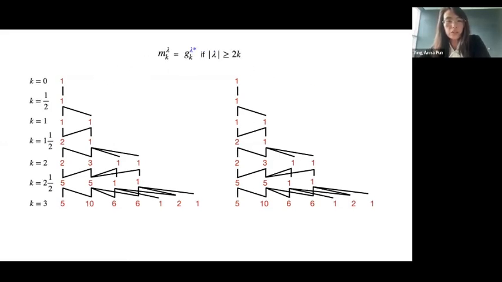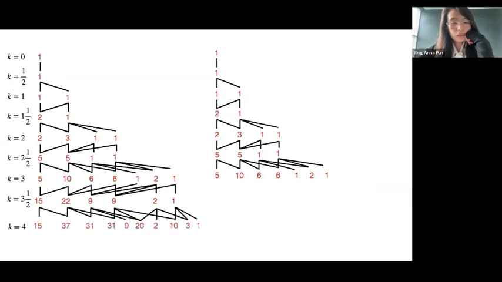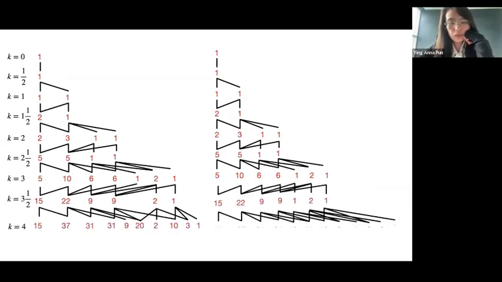And you can see that they are actually equal when lambda is at least 2k. In this case, the size of my lambda is 6 and my k is 3. So as long as your k is from 0 to 3, these two diagrams actually agree. However, if you do more on the left-hand side and also the right-hand side, we start to see something different.